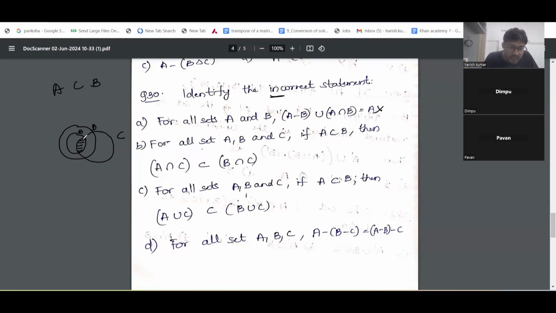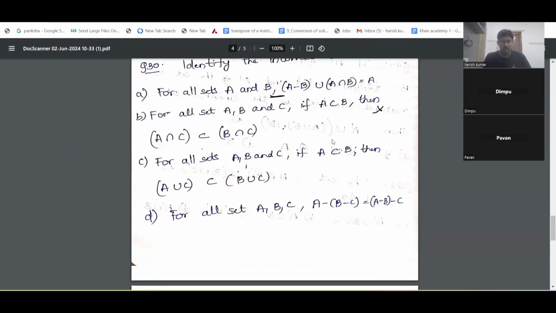B intersection C will be this entire thing. So clearly this part is lying inside B intersection C. Therefore A intersection C is a subset of B intersection C. Understood? Yes, sir. So this is how you have to visualize it. Correct. Whatever you did is also correct, right?